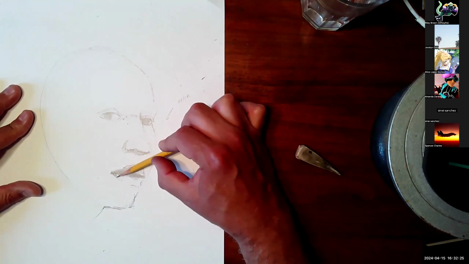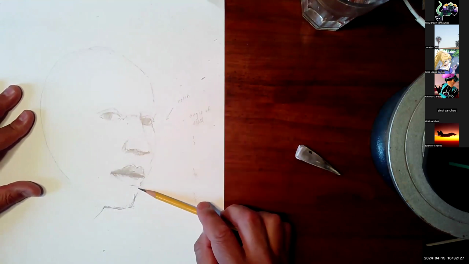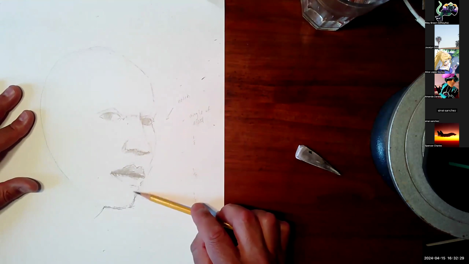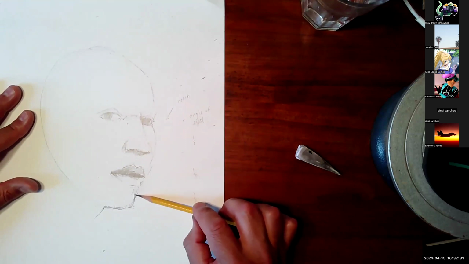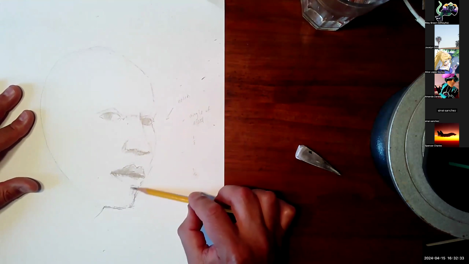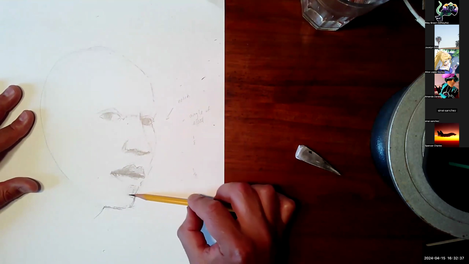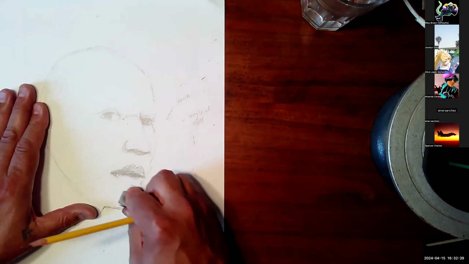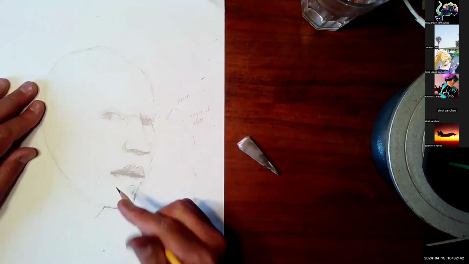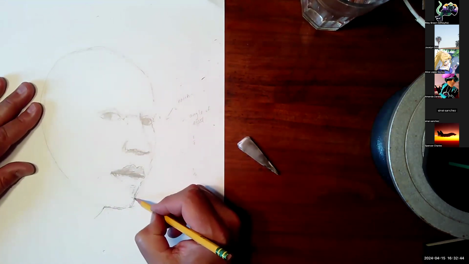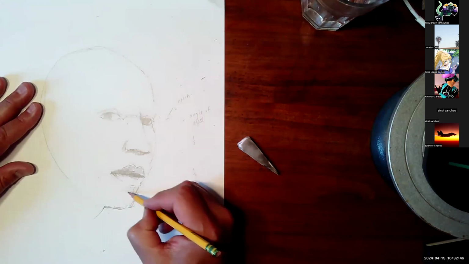And then there's a deep shadow underneath. So I don't want to worry too much about the shadows right now. But because the shadows are such an integral part of this drawing, they actually end up creating a lot of the shapes that we're drawing that end up becoming the chin or the, right? So.